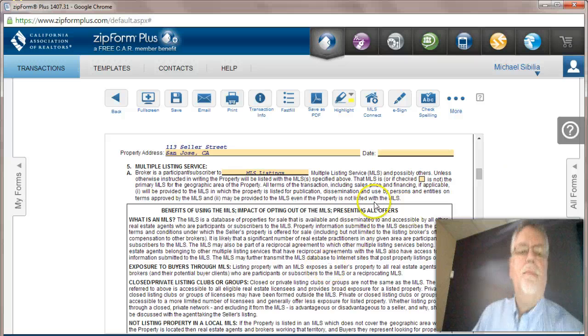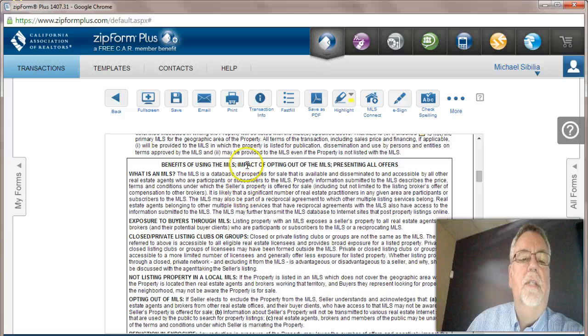And, yeah, that MLS is, or if checked, is not. So if you check it, all terms of the transaction, including sales price and financing, if applicable, will be provided to the MLS. And so basically, what it says is that you have reporting duties.